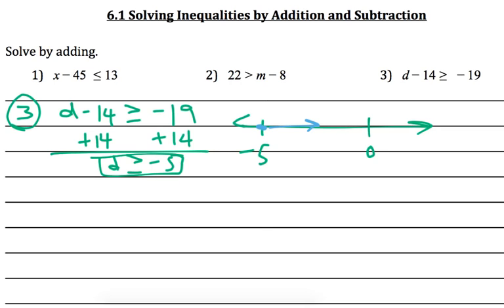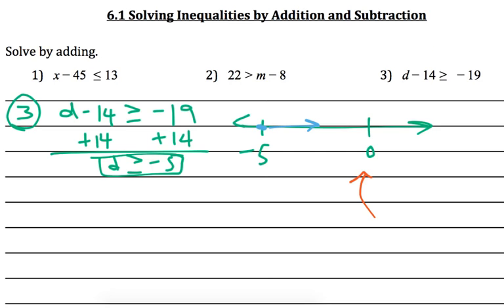Okay, if I plug negative 5 in here, negative 5 minus 14 does give me negative 19. I do see that it is greater than or equal, and I did shade in here, so I'm good there. The other thing, too, is I drew 0 here, which means if I picture this line, it will go through 0. So 0 is a possible answer. And 0 minus 14 is greater than negative 19, because you get negative 14.